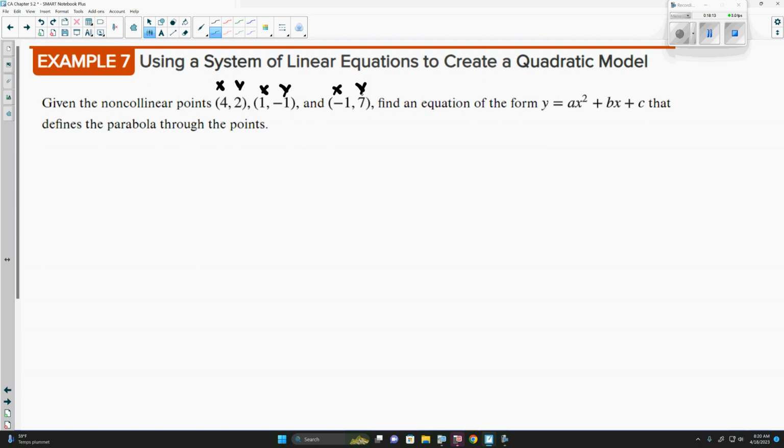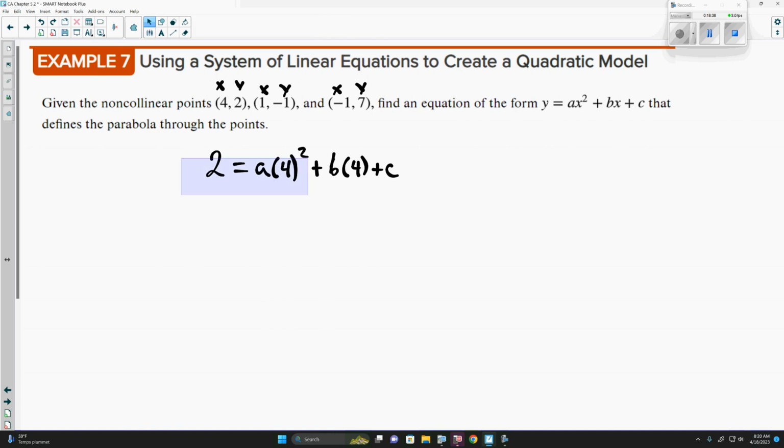x, y. And what that tells us, from this equation here, y equals ax squared plus bx plus c, is that when I plug 4 in for x, so a times 4 squared plus b times 4 plus c, I will get a y value of 2.